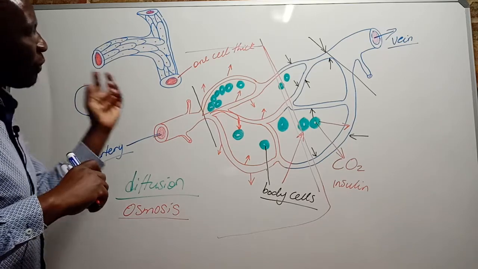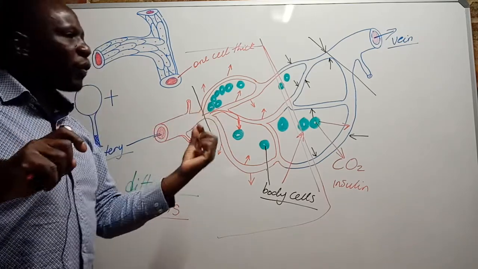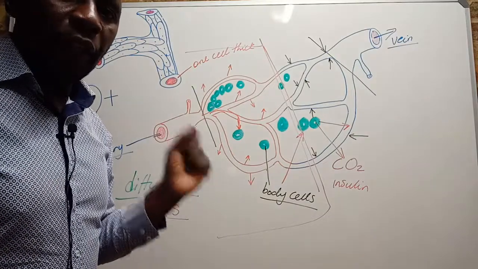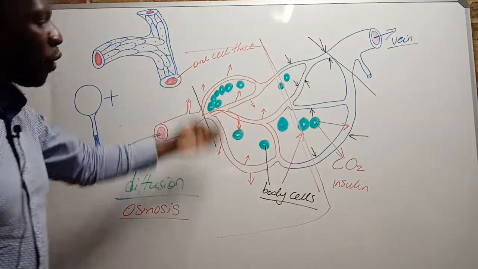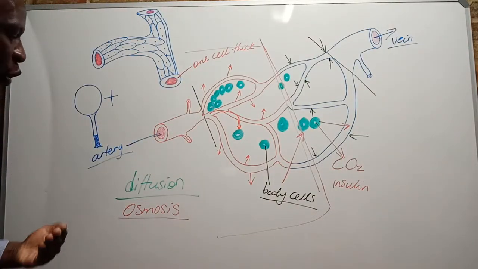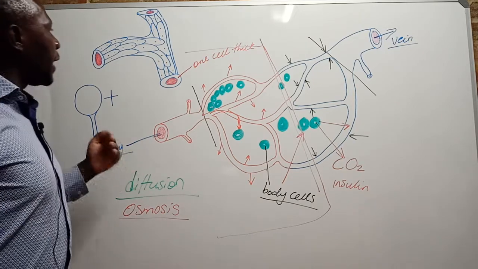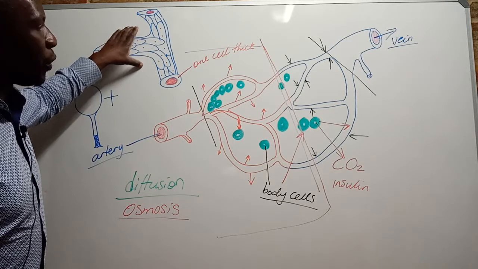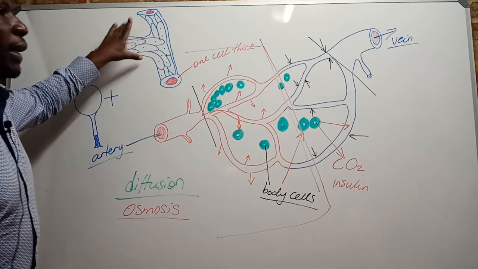The walls of the capillary vein are so thin, just 1 cell thick, which makes the whole process of diffusion and osmosis very easy. So when you zoom into a capillary vein, it will look like this.